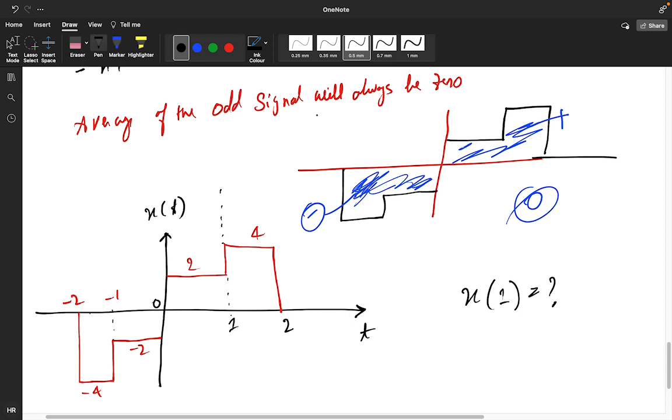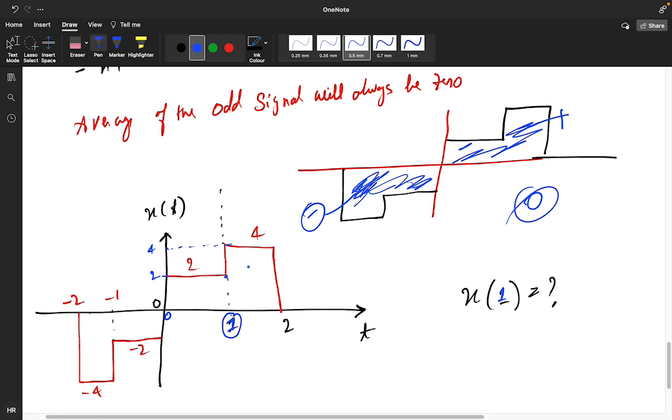I have just taken the value which is at 1. See, the right side is 4 and the left side is 2. This is your time domain 0. This particular point is your 1. At x of 1, what value will you get?